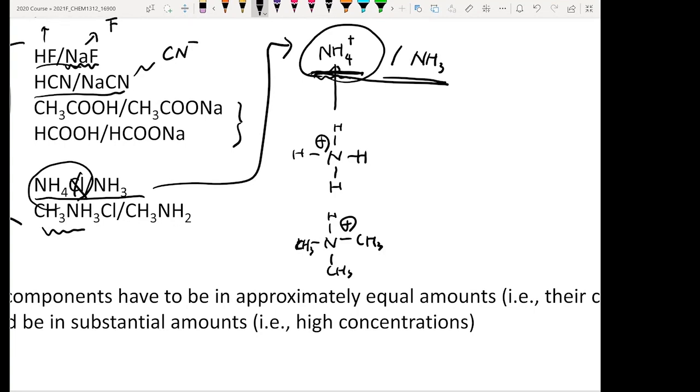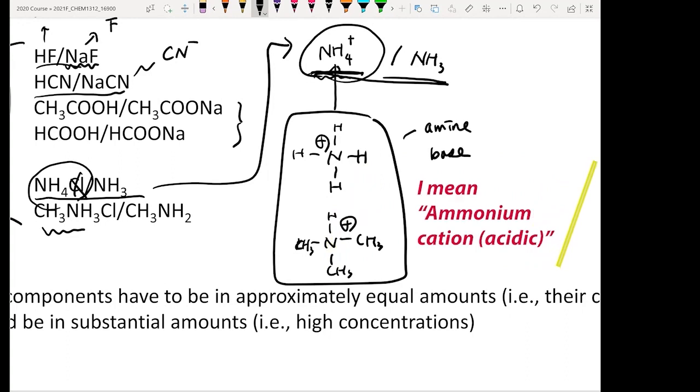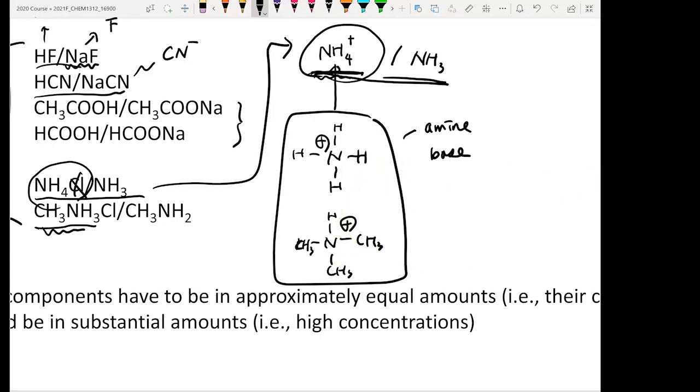You can attach it to 1 alkyl chain, 2 alkyl chains, or 3 alkyl chains. But the thing you should see is that all of these belong to the so-called amine base. Every time you see a chemical formula that gives you N attached to maybe 4 different atoms, with a plus, that is a weak acid.